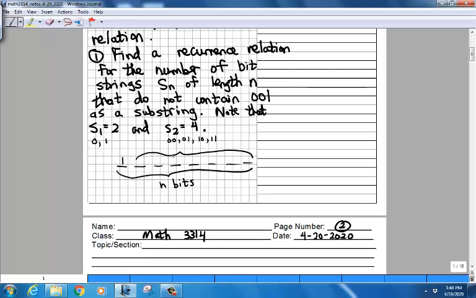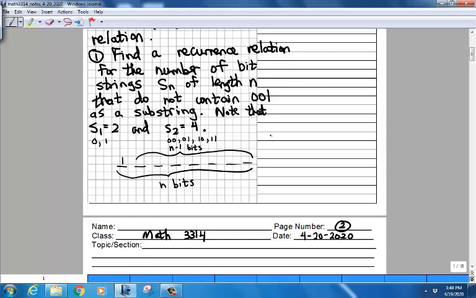Okay, so these n minus 1 bits that are left over when you fill in a 1 in the first position cannot contain 0, 0, 1. So how many bit strings of length n minus 1 do not contain 0, 0, 1? Well, by definition, that would be S sub n minus 1.